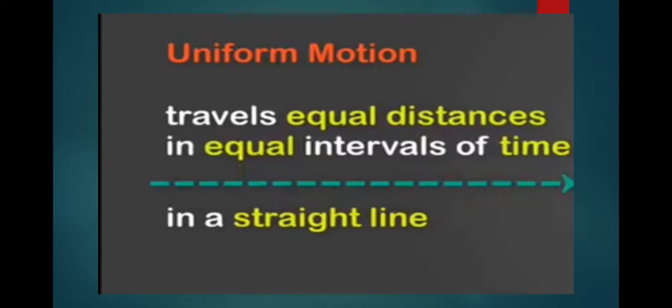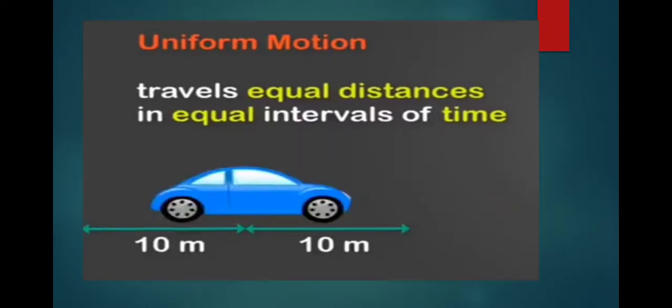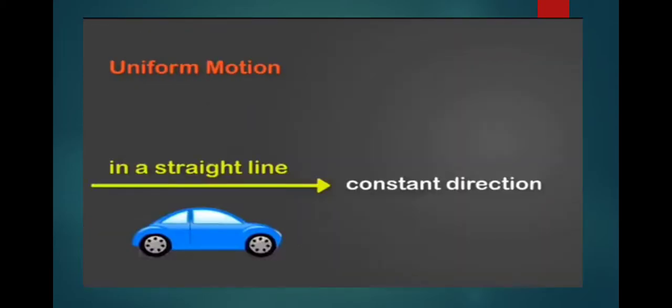For example, let's say a car is traveling 10 meters every second. So the car is going at a constant speed of 10 meters per second. And the second part says it needs to be traveling in a straight line. So the direction is constant.